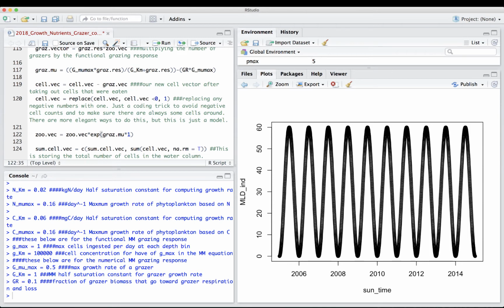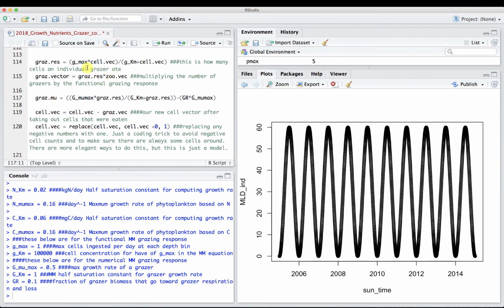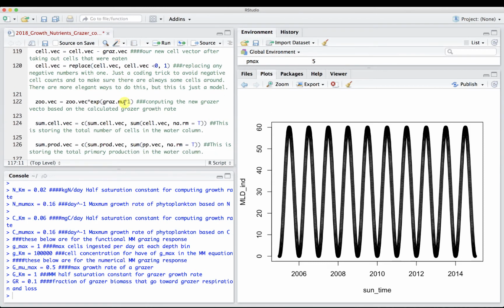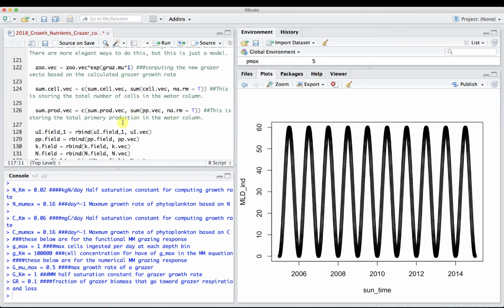So this is now just computing the new Grazer vector based on limited Grazer growth rate. Remember, we computed Graz.mu up here from this Michaelis-Menten function that was based on the Graz response. And the Graz response here was how many cells they ate, based on the cell vector here. And we adjusted the cell vector for how many were killed.